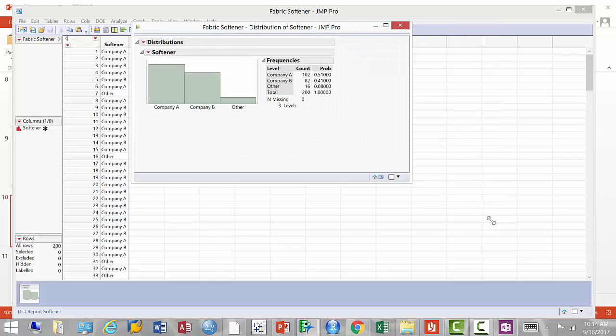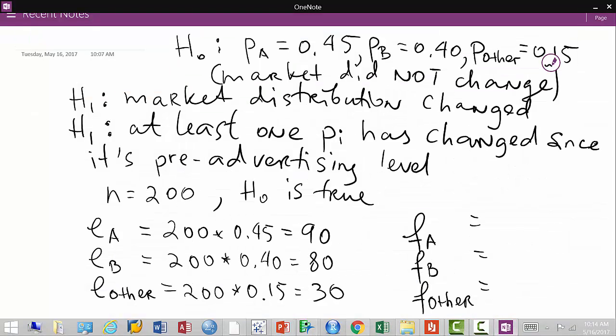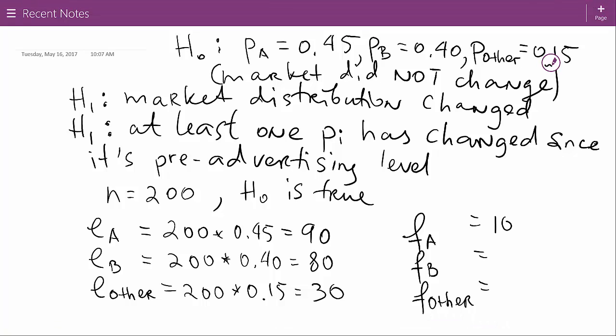My counts are really right here, right? It lists all the possibilities, A, B, other, and the counts are 102 for A, 82 for company B, and 16 for the other. So I'm going to go back to my notes and just say 102, 82, and the last one was 16? 16, okay, good, 16.